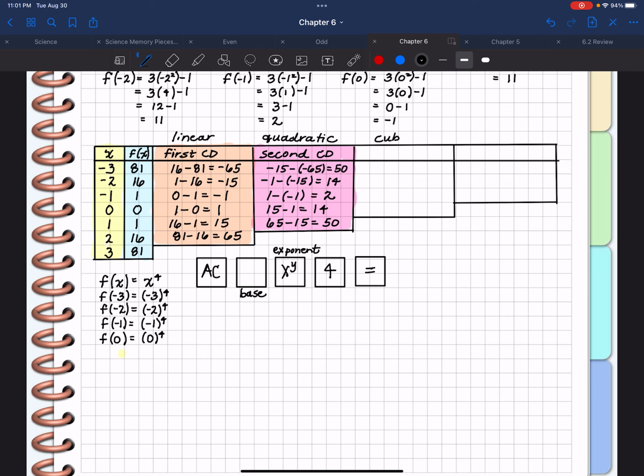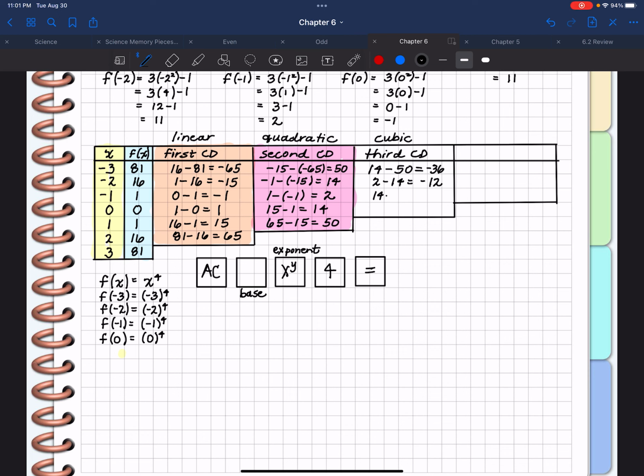Okay, the next one is called a cubic function when it's to the third degree. So let's see what our differences are. We have 14 minus 50, and that's negative 36. Then 2 minus 14 is negative 12.